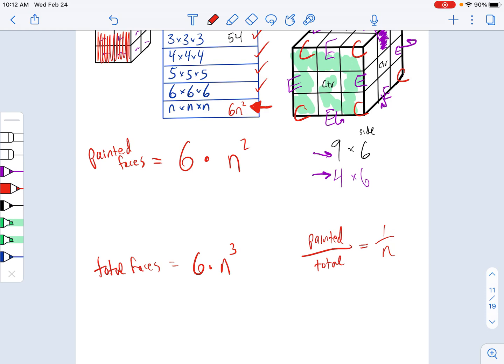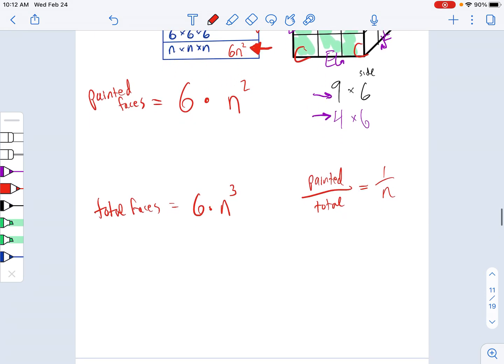But here's a way you could have confirmed that data, or found it just by looking at this. If you take painted over total faces, when you simplify this, you get 1 over n. See how there are multiple ways of making these discoveries and confirming them?